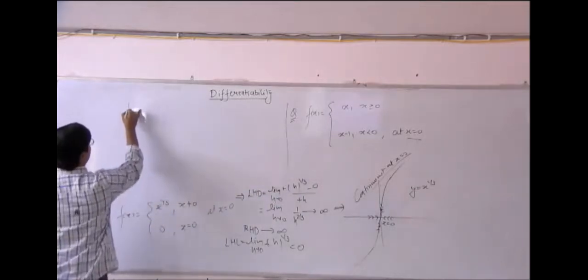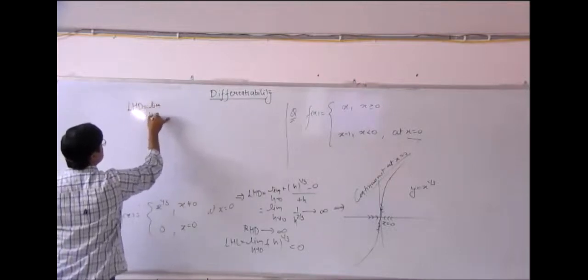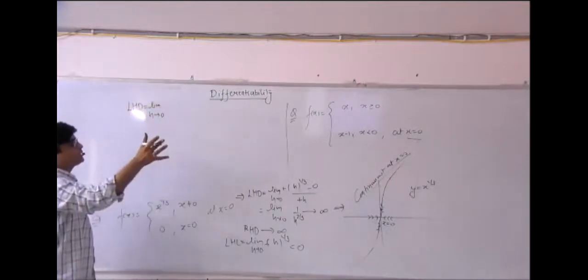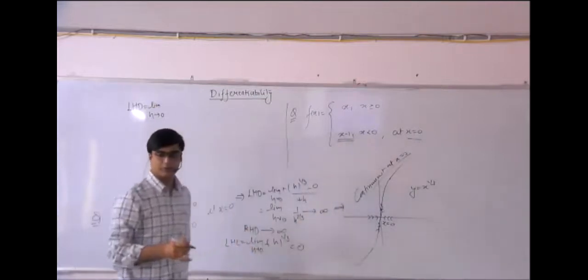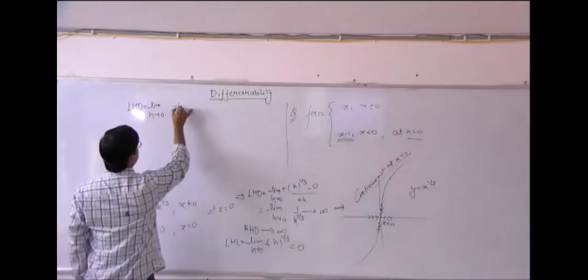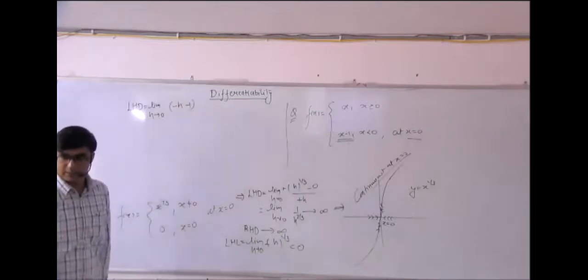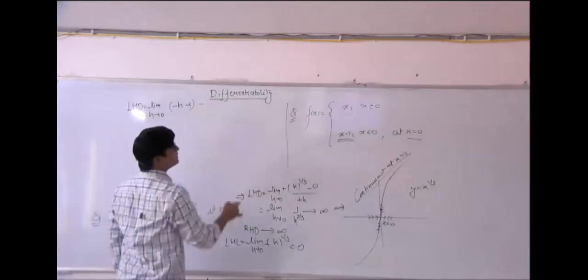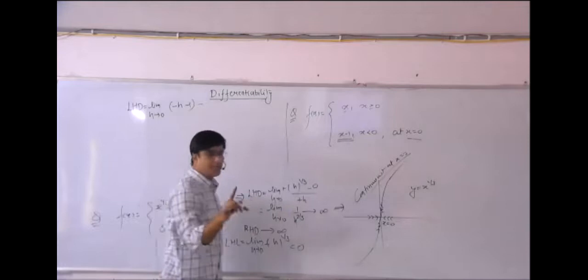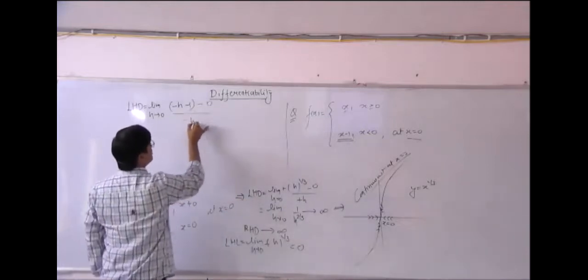Left hand derivative: limit h tends to 0, f of 0 minus h, that means I will use this definition. That means minus h minus 1, this is your f of 0 minus h, minus f of 0, which is 0 at 0, divided by minus h.